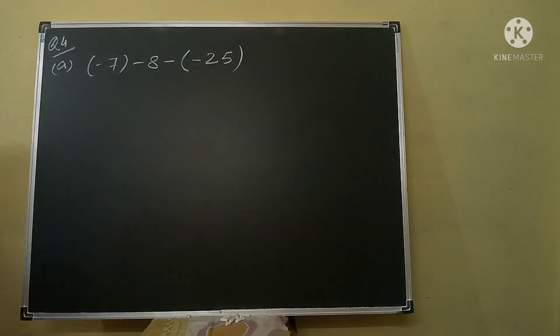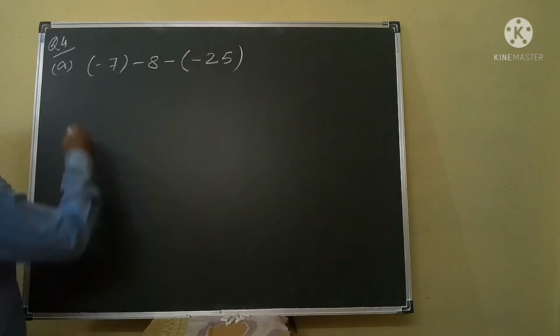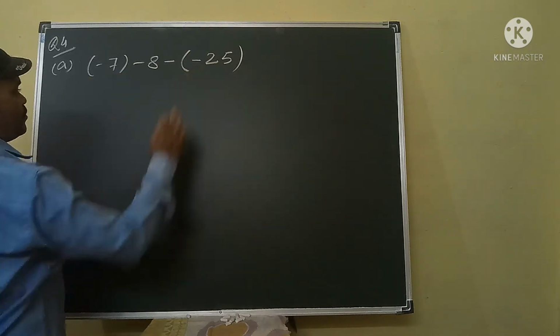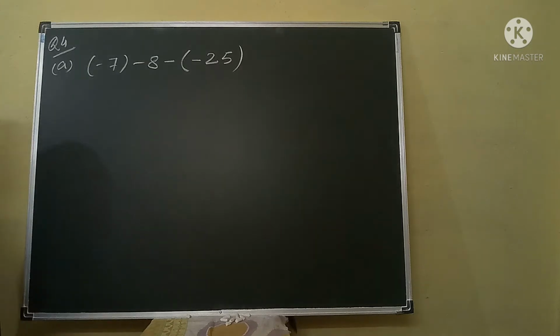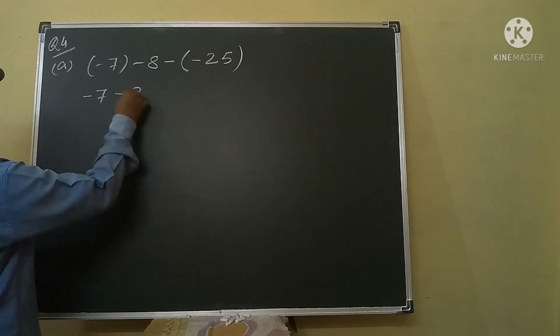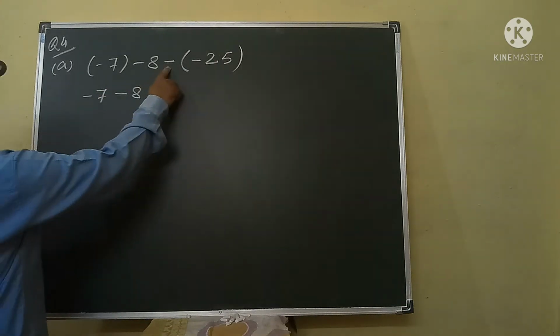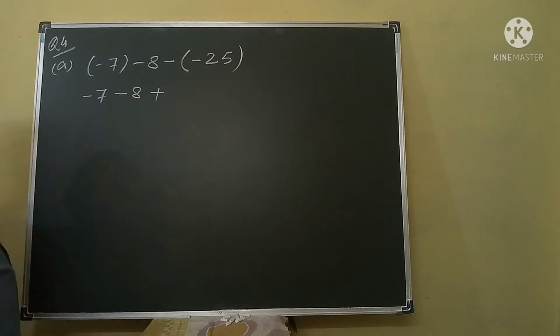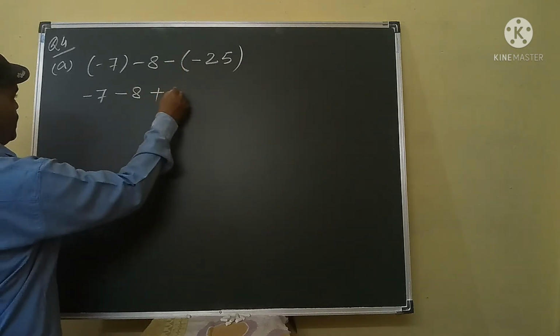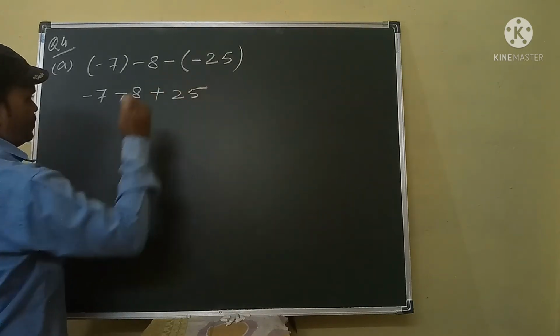This is question number 4. Find minus 7 minus 8 minus in bracket minus 25. We will apply the same procedure. This is minus 7 minus 8, minus minus plus, and this is 25.